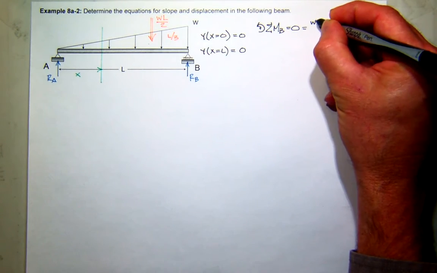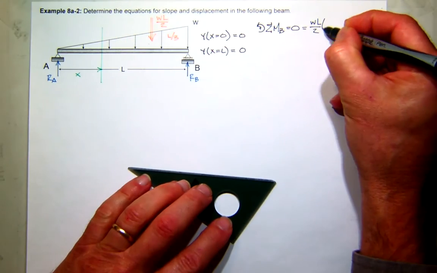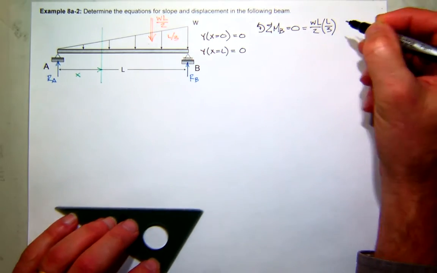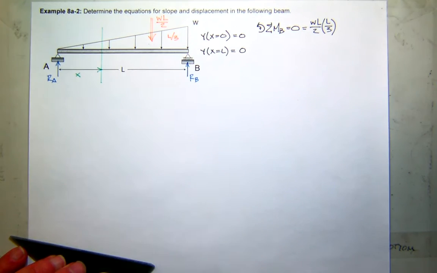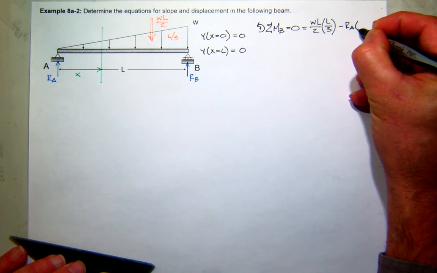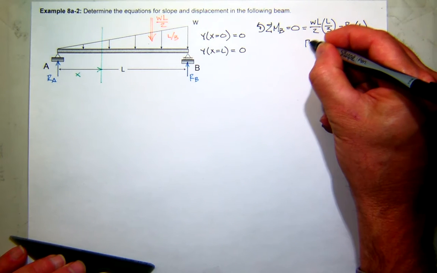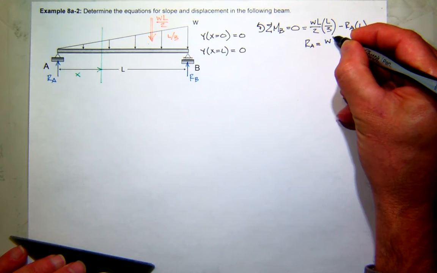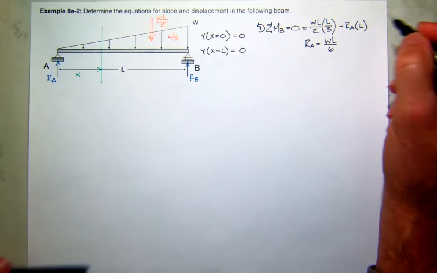So the force is WL over 2 with a moment arm of L over 3. And then the reaction at A creates negative moment with a moment arm of L. So my reaction at A is WL over 6.